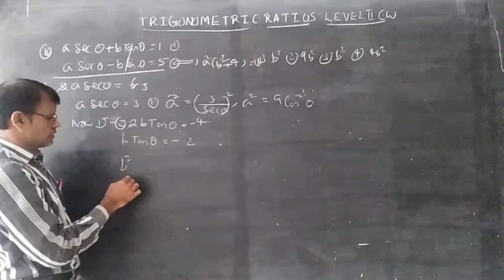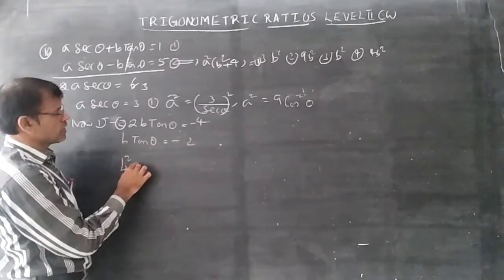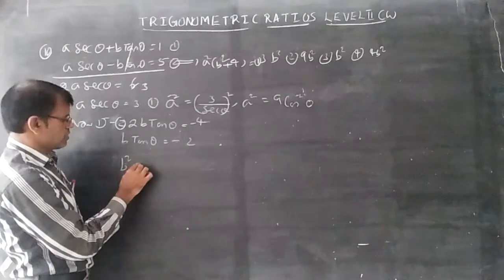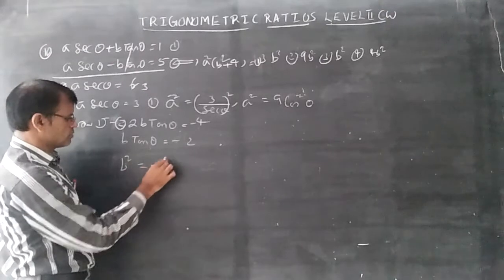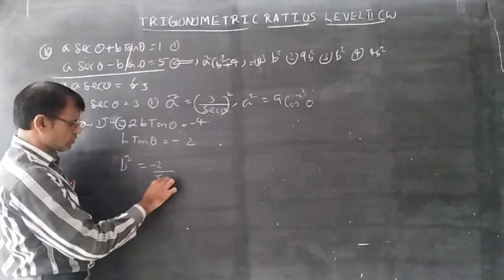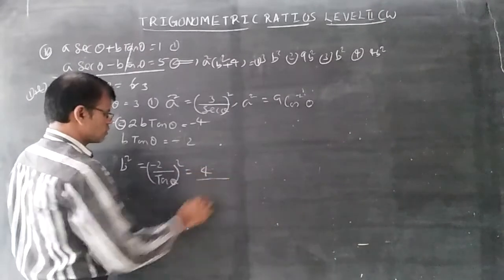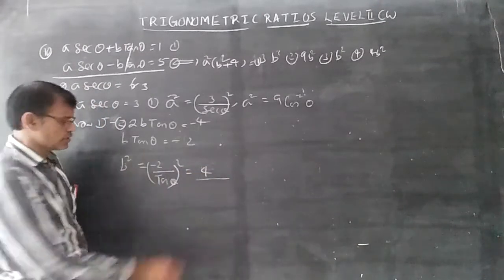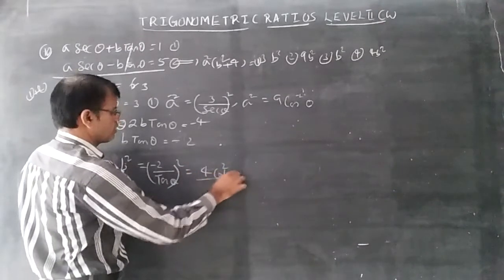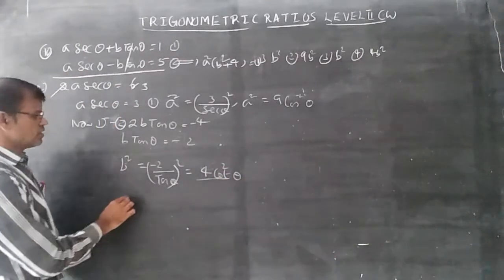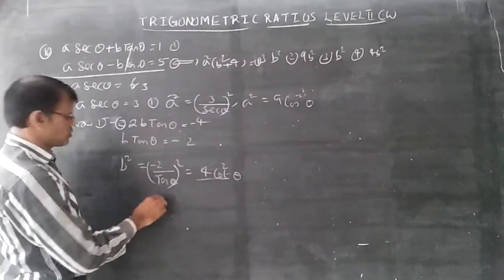Now, write like this. B square tan square theta is equal to minus 2 whole square, so b square is equal to minus 2 by tan theta whole square. 1 by tan becomes cot, so b square is equal to 4 cot square theta.